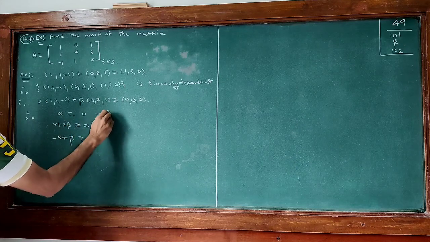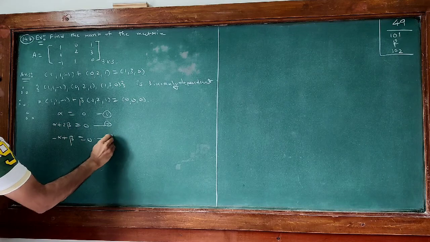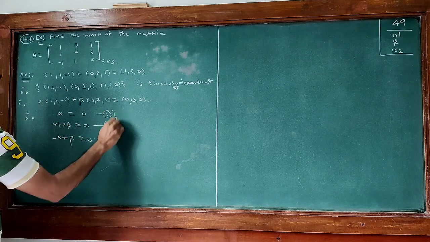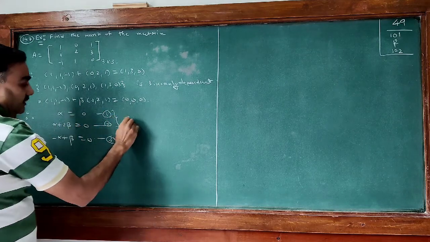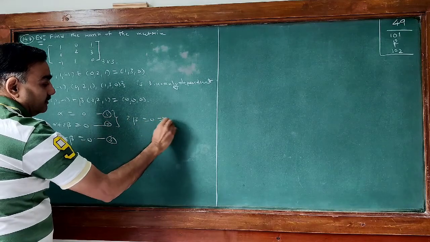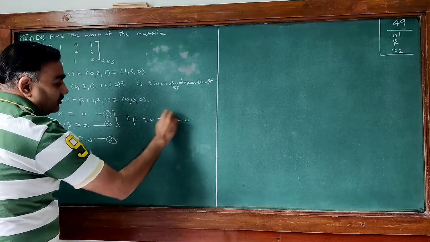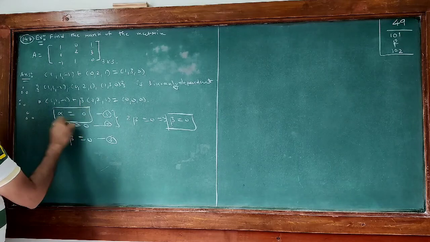From these equations 1, 2 and 3, if you apply both these equations, 2 beta is 0, beta is 0, so we directly have alpha 0 and beta 0.